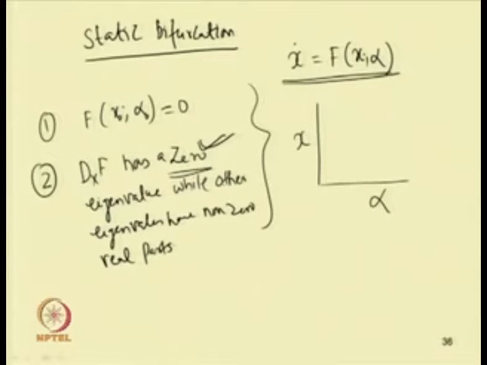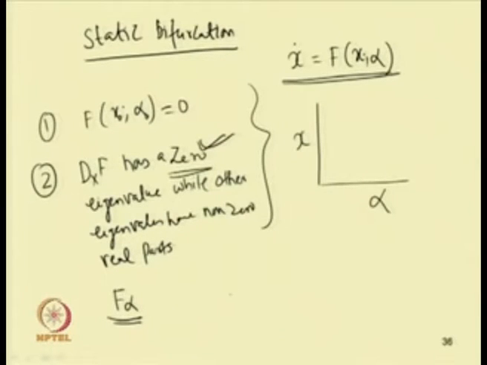To distinguish the saddle node bifurcation point from other bifurcation points, we should find f alpha, which is the differentiation of f with respect to alpha.